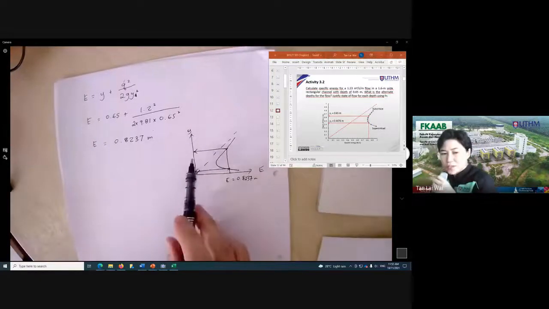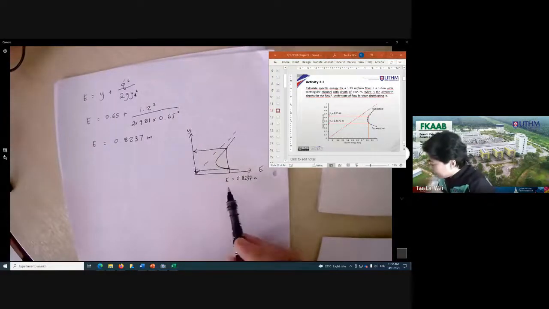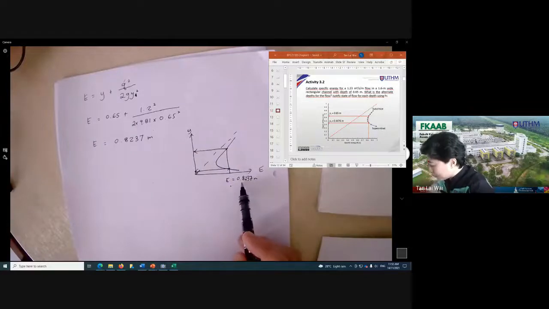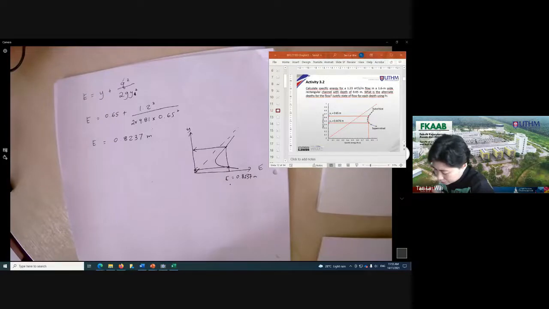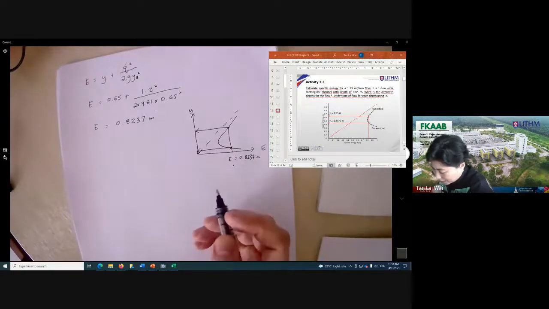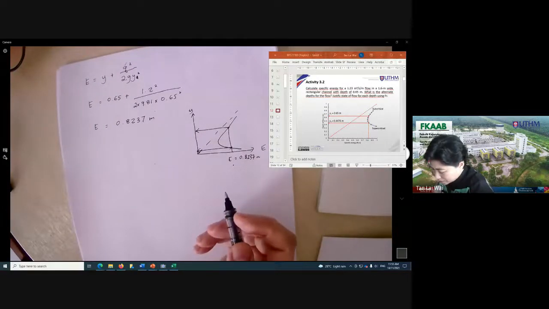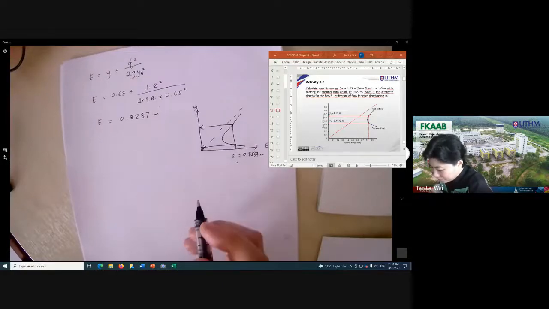I want to find these two depths at the given specific energy, which is 0.8237. So the next thing I want to do is solve for these depths of flow.